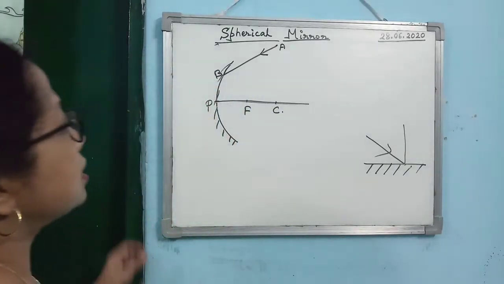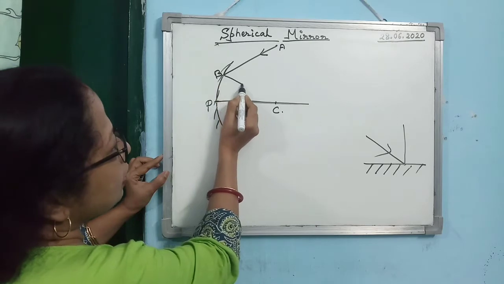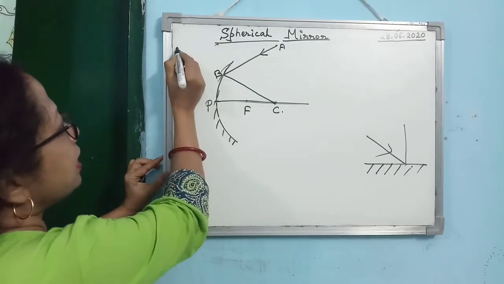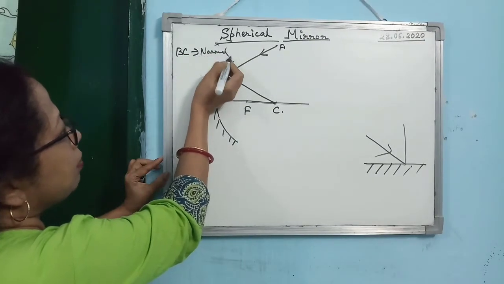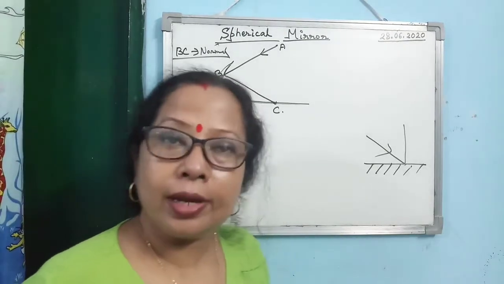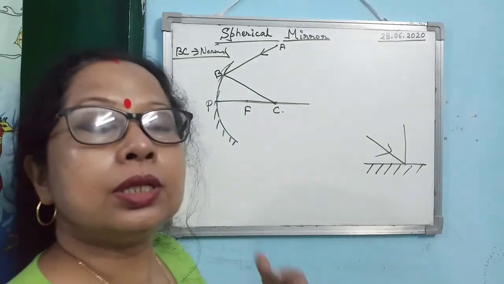The normal is drawn by joining the point of incidence with the center of curvature. Means BC is the normal. BC is the normal for a spherical mirror. Alright. Means the point of incidence you have to join with the center of curvature. Then it will give you the normal.